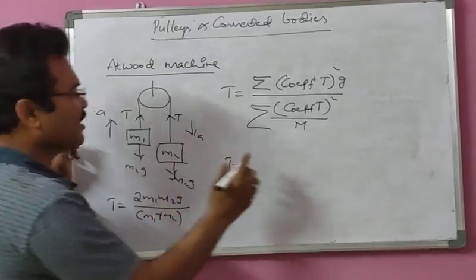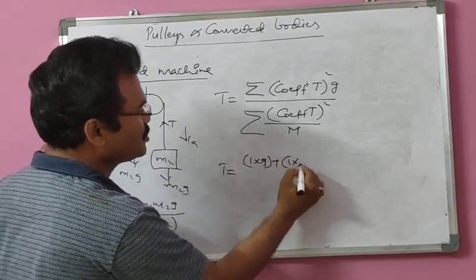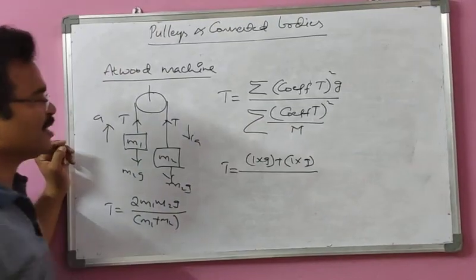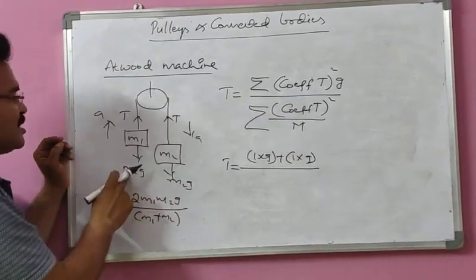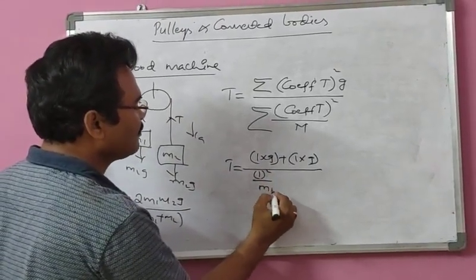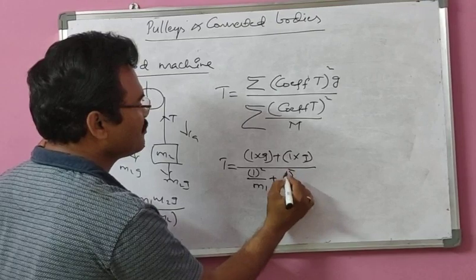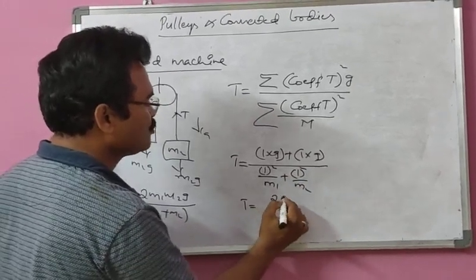So I am writing 1 into g plus 1 into g, divided by, again, coefficient of T squared by M. The T coefficient is 1, mass is M1, so I can write 1 squared by M1, and the next one is 1 squared by M2, and you are going to get the numerator as 2g.